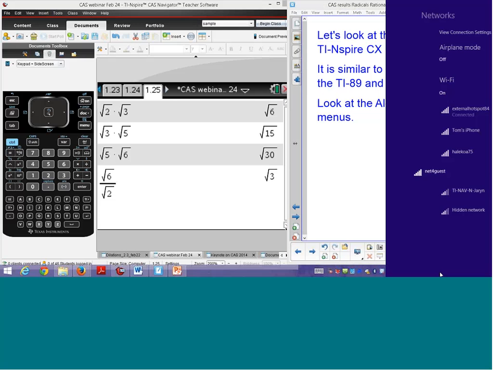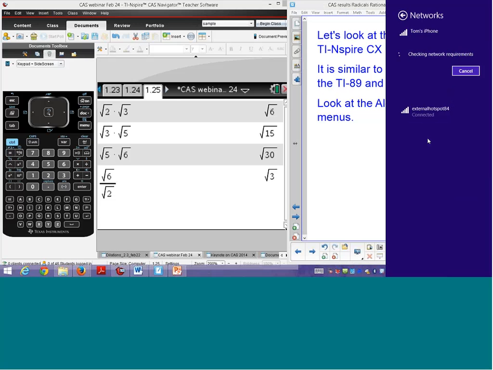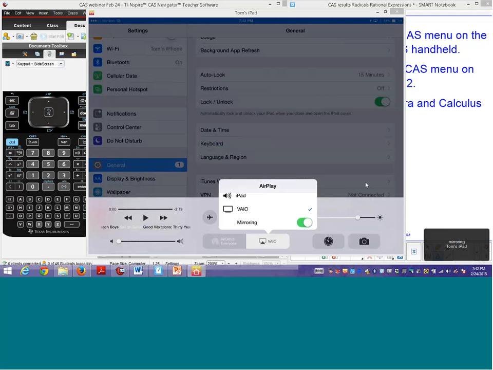And you can get a CAS or non-CAS version, and if I were a teacher, I would get the CAS version for a lot of reasons, and hopefully you'll see why today. So let me see if I can pull up my iPad, and perfect. The iPad is there.